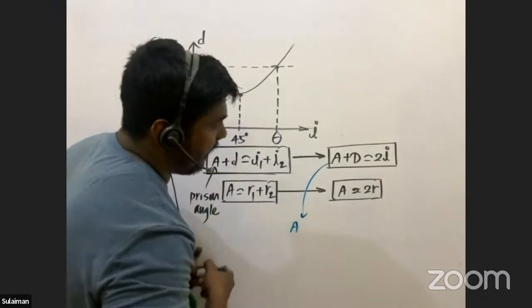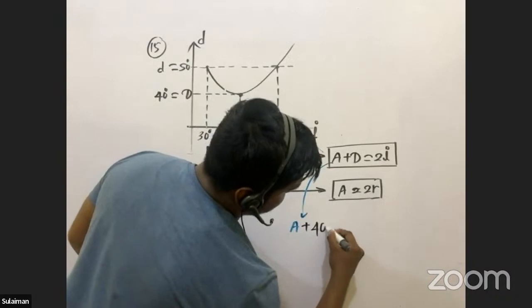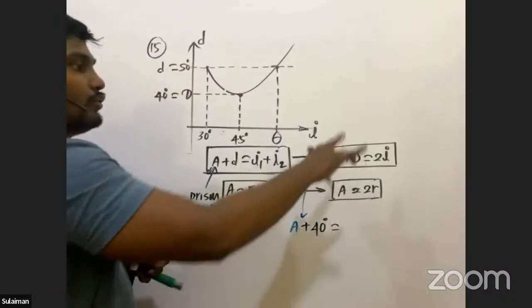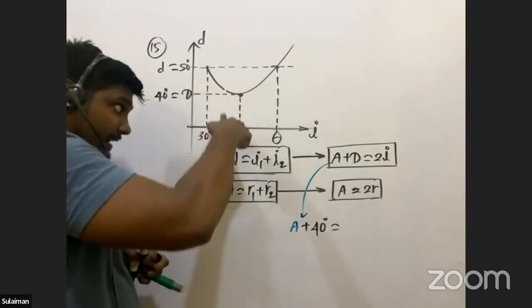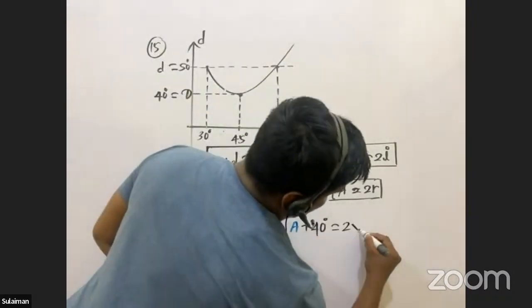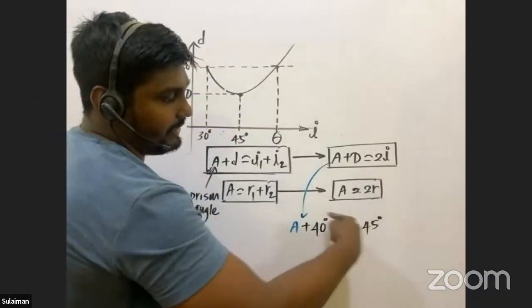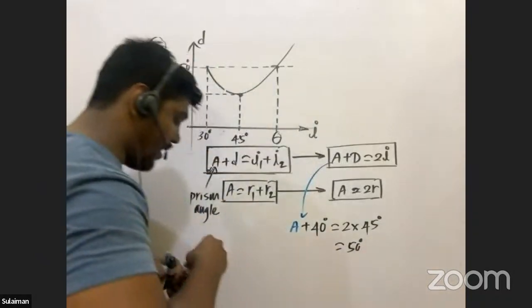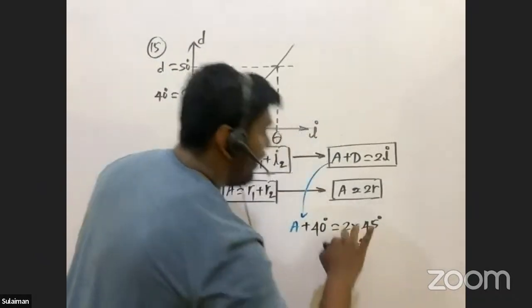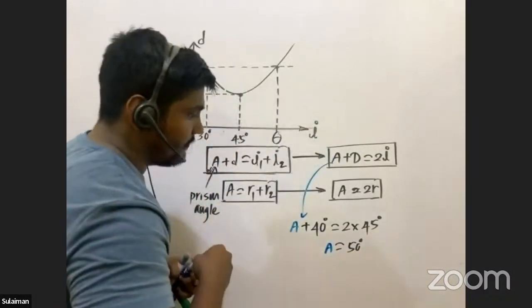Capital A plus minimum deviation 40 degrees equals 2I. You obtain minimum deviation when your incident angle is 45. 2 into 45 is 90, minus 40. That means 50 degrees as your prism angle.